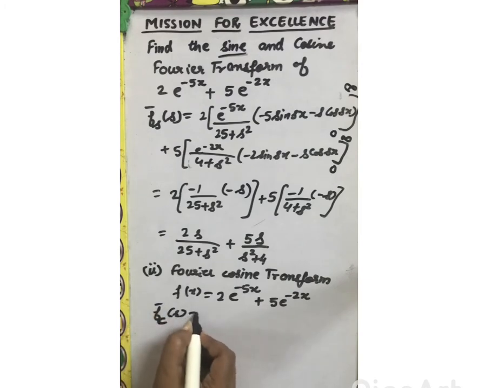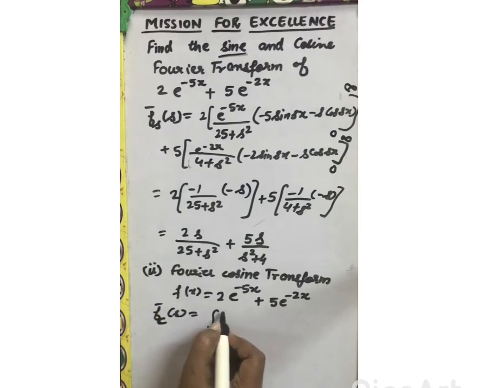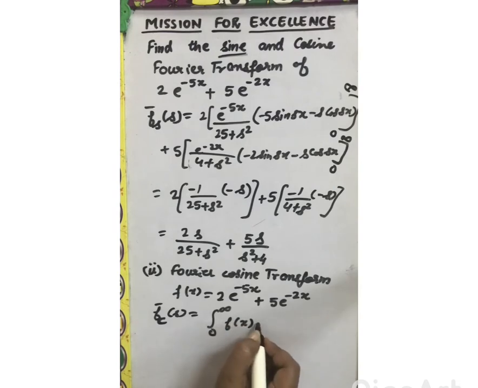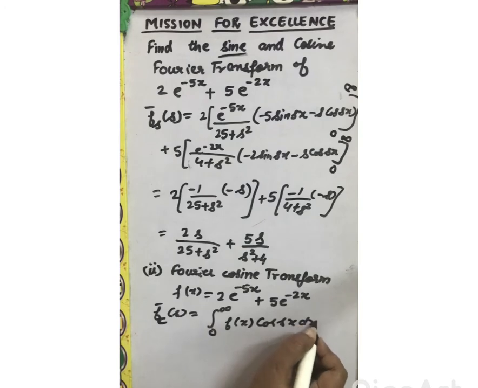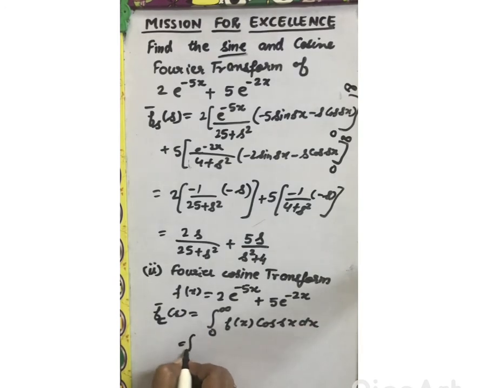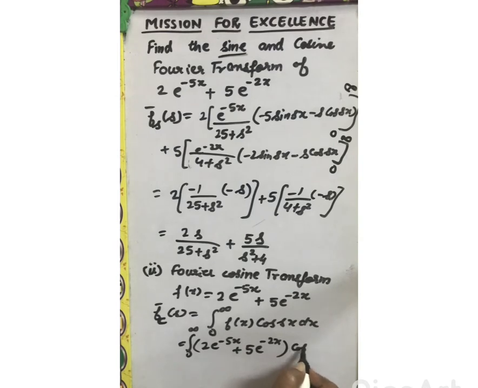The Fourier cosine transform is the integral from 0 to infinity of f(x) into cos(sx) dx. So now put the value of f(x), we get the integral from 0 to infinity of (2 e^(-5x) + 5 e^(-2x)) cos(sx) dx.